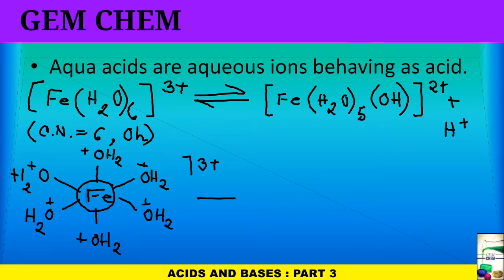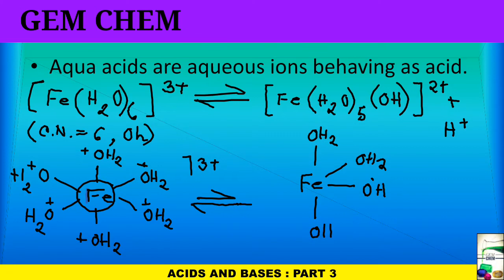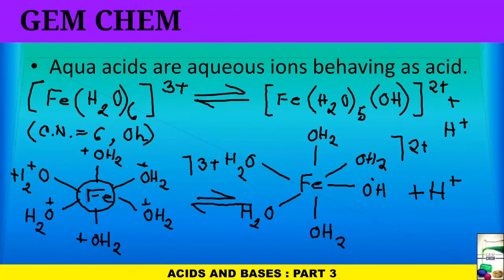If we dissociate it, we get Fe with OH2, OH2, here OH, here OH2, OH2 and OH2 with a 2+ charge and an H+. Now remember, these are the ions which act as acids and are known as aqua acids. This is one of the examples.